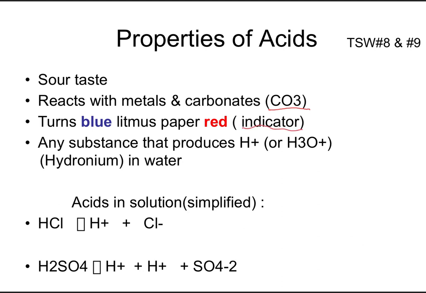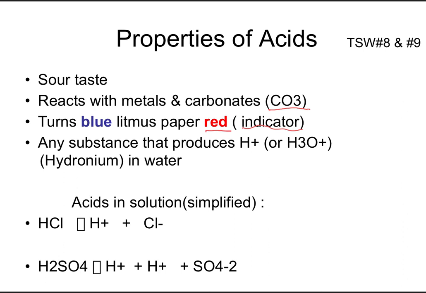It's basically a little piece of blue paper that has some chemicals on it, but when it comes in contact with an acid, it turns red. You don't need to know what acid it is with this particular test. It's just an indicator. It's either an acid or not.